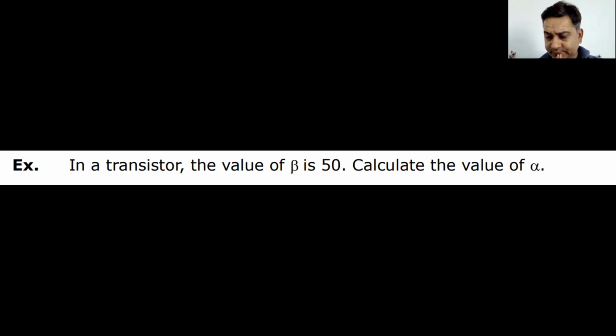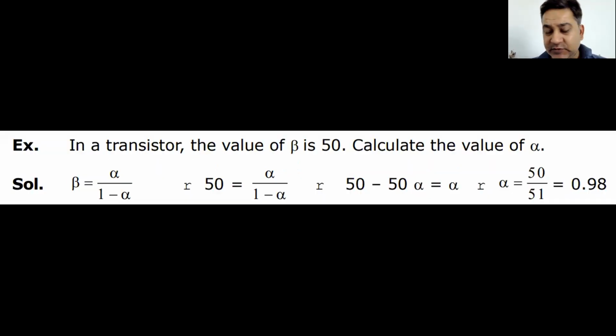Anyone with an answer? Yes, sir. What's the answer, sir? 0.98 is the answer, and everyone understands how this has to be done.